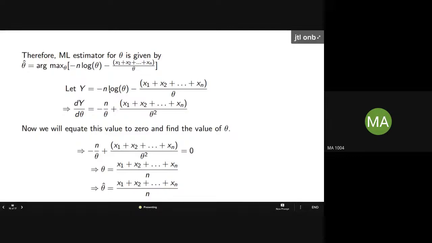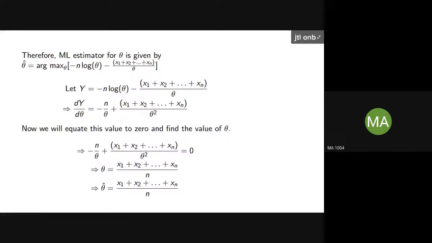If I differentiate, I'm going to get minus n by theta plus, since differentiating 1 by x gives minus 1 by x square, minus of minus becomes plus (x1 to xn) divided by theta square. Now I have differentiated it, and I have to equate it to 0.